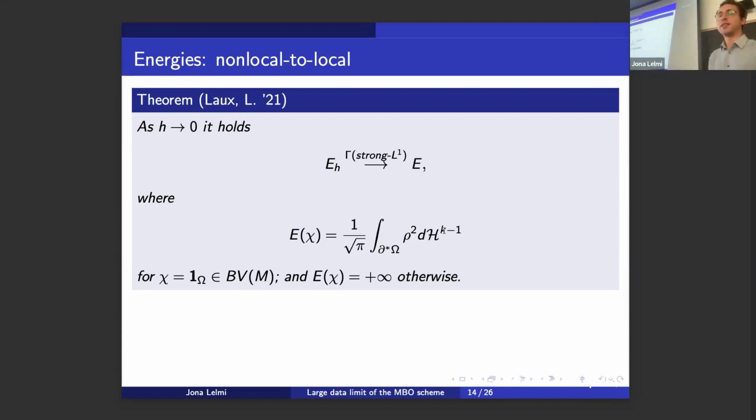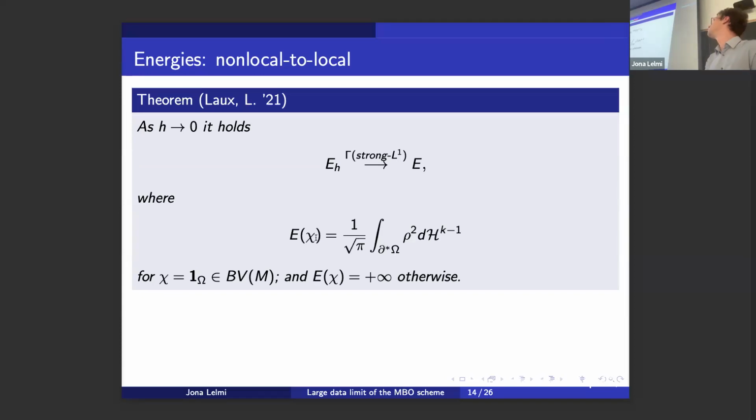So we study the convergence of the heat content on the manifold as the step size h goes to 0. And we show that with respect to the strong L1 convergence, these heat content energies converge to the weighted area functional. The weighted area functional is defined as the integral.